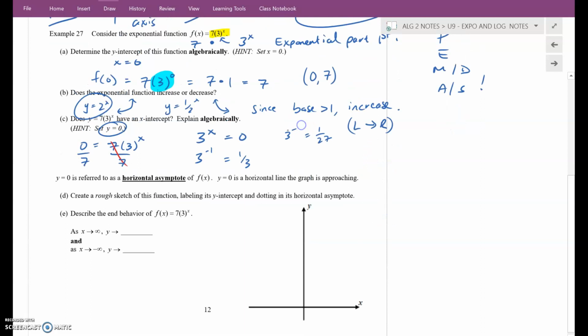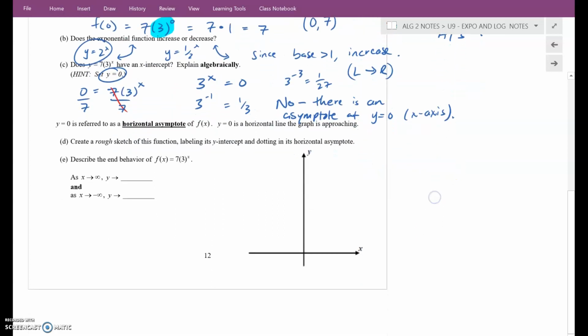Sorry, I'm jumping ahead to 3 to the negative third, but no matter what, this fraction is just going to get smaller, but it's never going to equal 0, and we see that with the asymptote. So no. We have an asymptote along the x-axis. Y equals 0 is referred to as a horizontal asymptote of f of x.